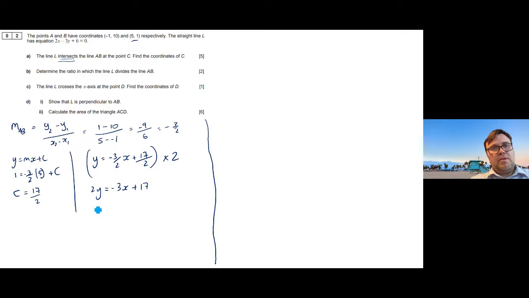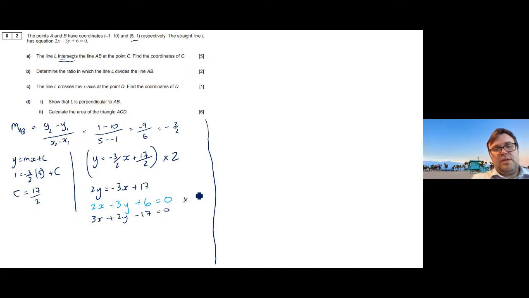So if I put the other one next to it, in this format, it's going to be 2x minus 3y plus 6 equal to 0. You can use substitution, you can use elimination. It doesn't matter which technique you use as long as you've got a technique. If I then put the other one underneath it, it's going to be 3x plus 2y minus 17 equal to 0.